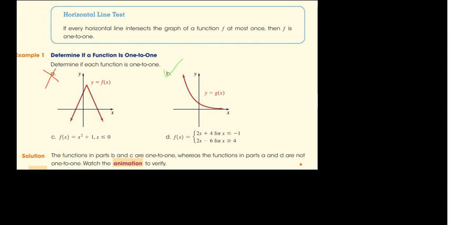All right, now C. So this is going to be a little tricky, and of course this is also going to be where being able to visualize these graphs in your head really helps. But I'm going to go ahead and draw these because for D you're going to have to. It's kind of hard for me to visualize that, so I'm assuming it might be hard for you too. All right, so C is f of x is equal to x squared plus 1.